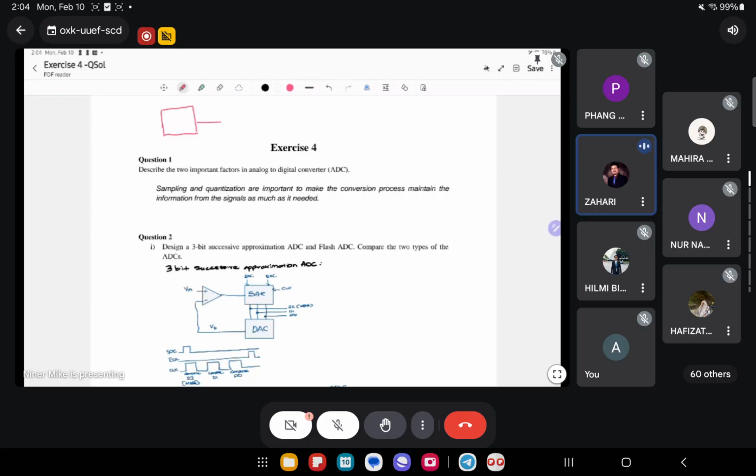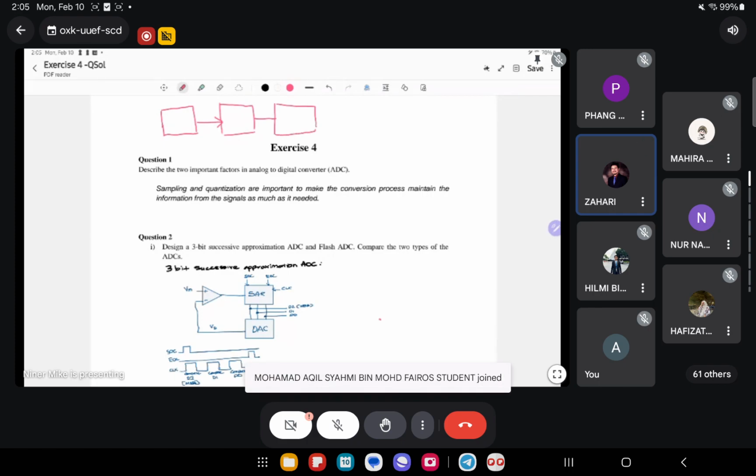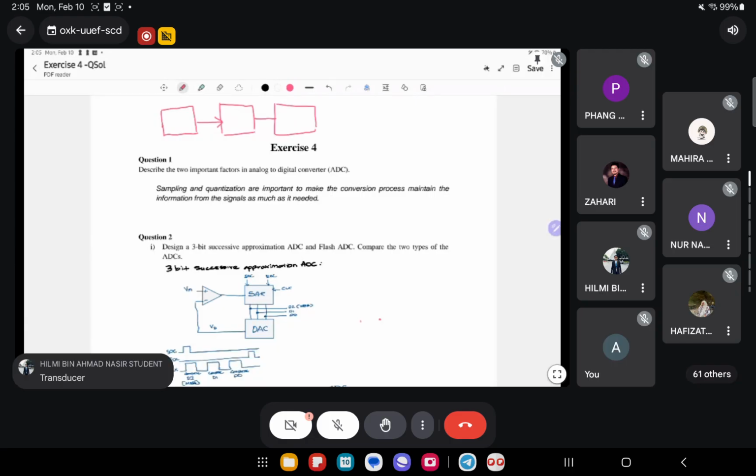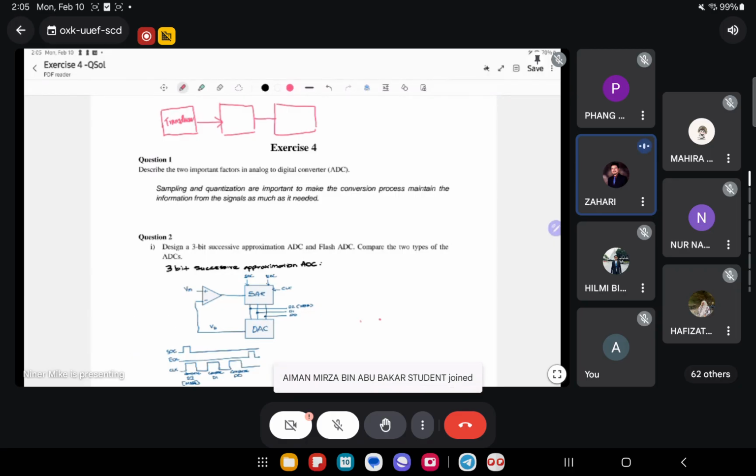Then we go to the second block, and then the following block. Can you remember the first block? Yes, transducer. Or simply we call it sensors, right?